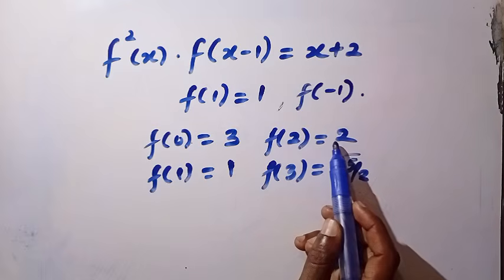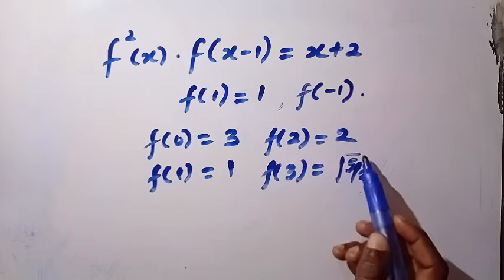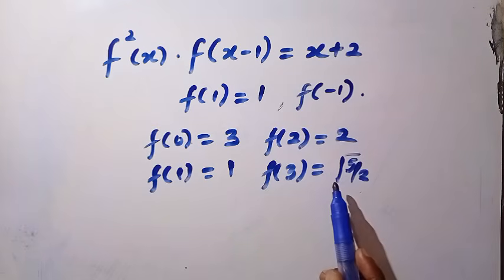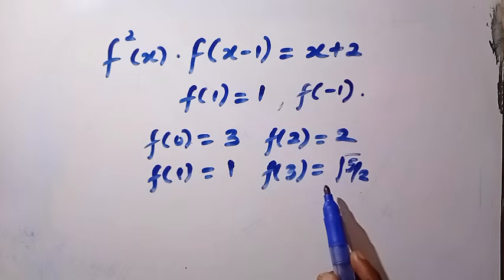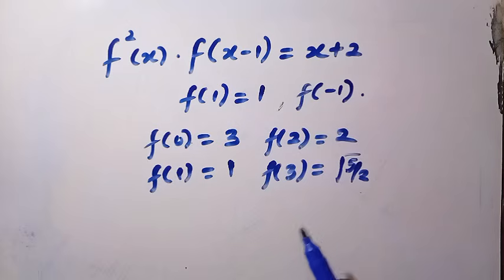We have f of 2 equals 2, and f of 3 equals the square root of 5 over 2, which also reduced. Looking at this chain, it flows down naturally for the positive. Looking at the negative part, we have f of minus 1, which gives us 2 divided by 9. Let's see what we can get for f of minus 2. As the positive keeps decreasing, we're expecting the negative to increase.